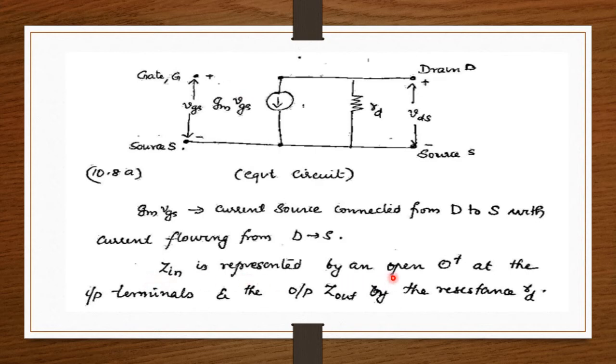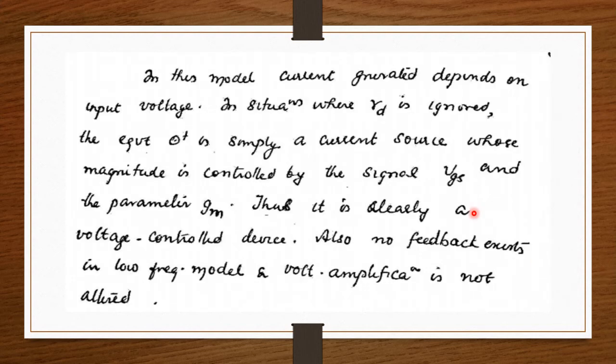So Zi is represented by an open circuit at the input terminals and the output Zout by the resistance RD. This is the equivalent circuit. In this model, the current generated ID depends on the input voltage.